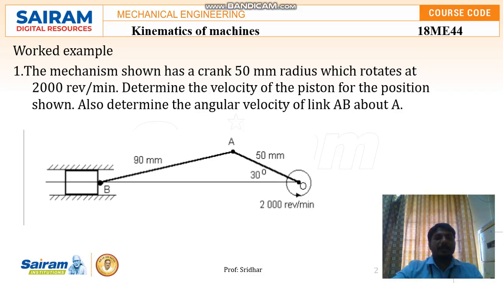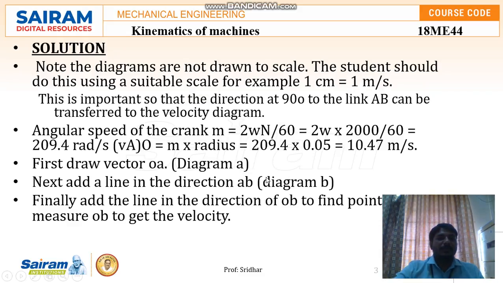Actually, we are not able to consider exact dimensions here. But when students solve this, they need to consider a scale, whether 1 centimeter equals 1 meter per second or 1 centimeter equals 10 meters per second. The diagram should be as per the scale.